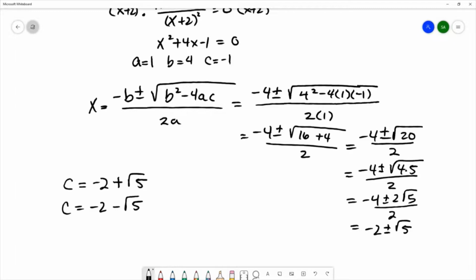I want to type these values into my calculator because with Rolle's theorem, the value of c is guaranteed to be in between a and b. So it has to be in the interval. So I want to see if these values are in the interval.